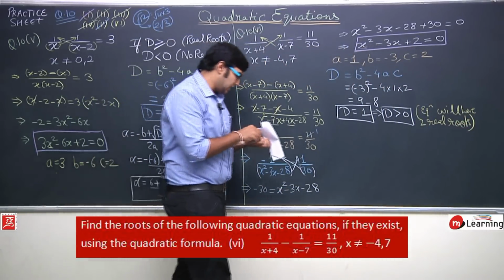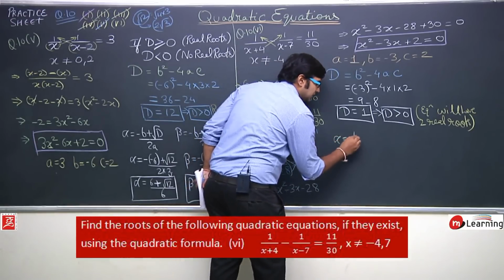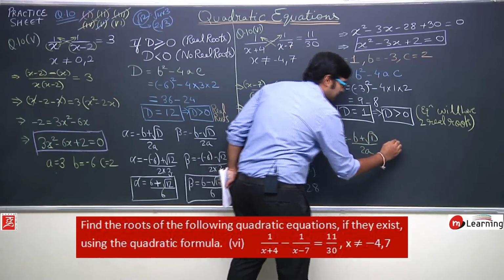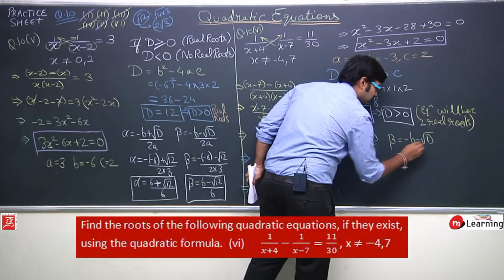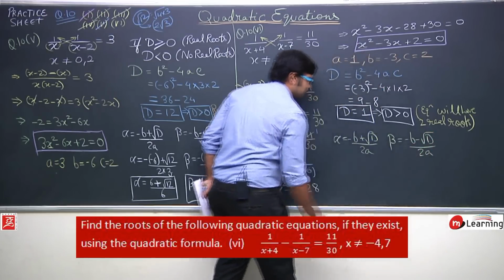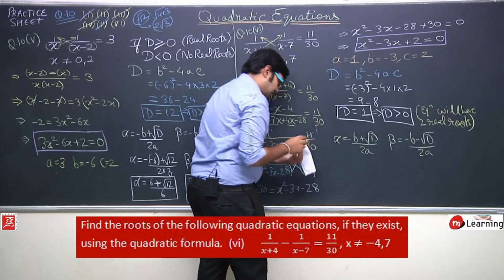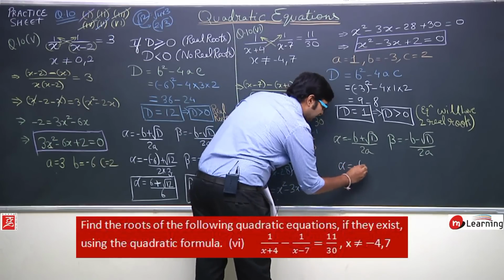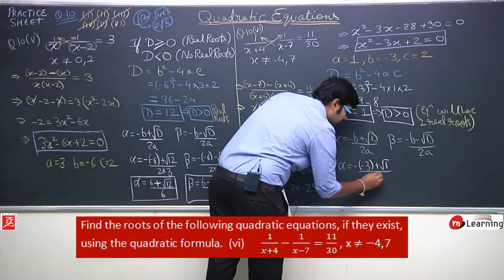कैसे determine करेंगे? First we will write the value of roots. Alpha is minus b plus root d upon 2a, and beta is equals to minus b minus root d upon 2a. So in place of b I can write the value of minus 3. So here alpha will become minus of minus 3 plus root of 1 divided by 2 into a.